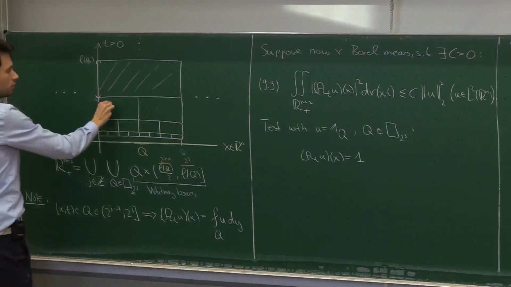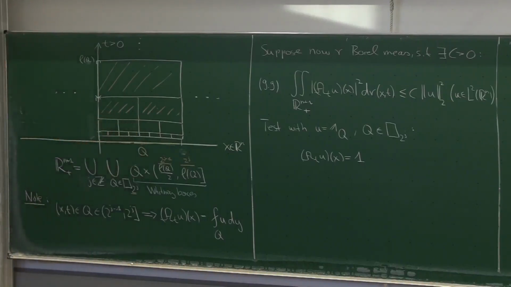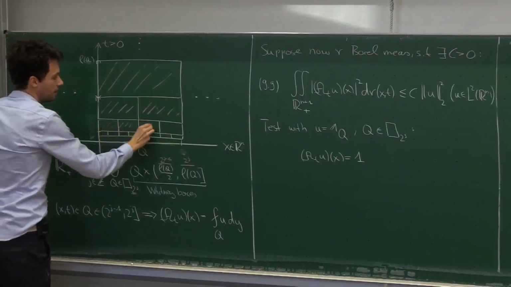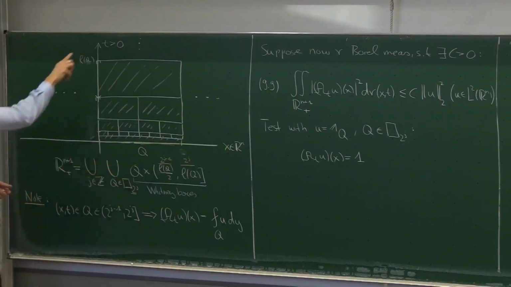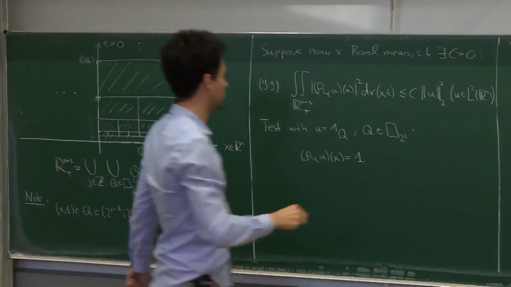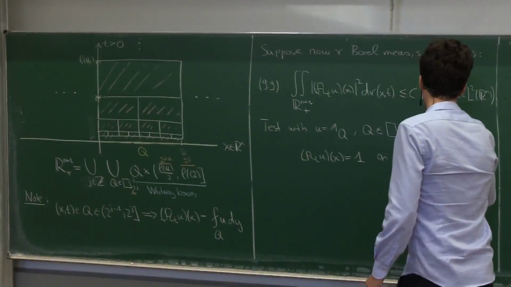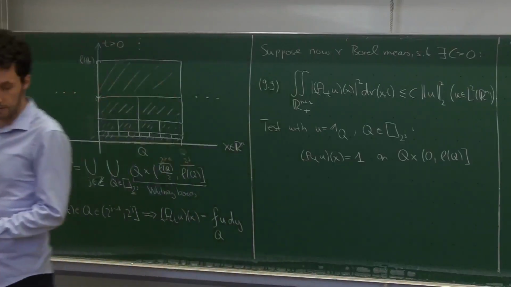But A_t u would also be 1 here and here, because the cubes I'm using to define A_t u of x are subcubes of Q. And so I average the constant 1 function on a subcube, which gives me 1. And in the same way, it would also be 1 here, here, here, and here. And actually it would be 1 everywhere on this region. So this would be equal to 1 on Q times the box reaching all the way down.